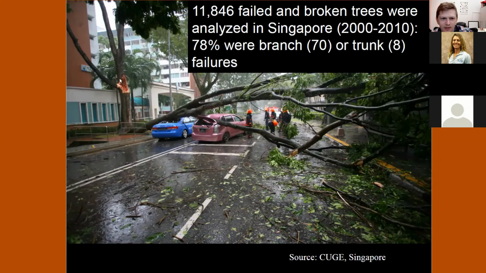This was the majority of the problems that occurred, and this is actually something that is fairly preventable on our behalf. Sometimes these root conditions can't be helped, but with proper pruning, this is something we can deal with over the long run.